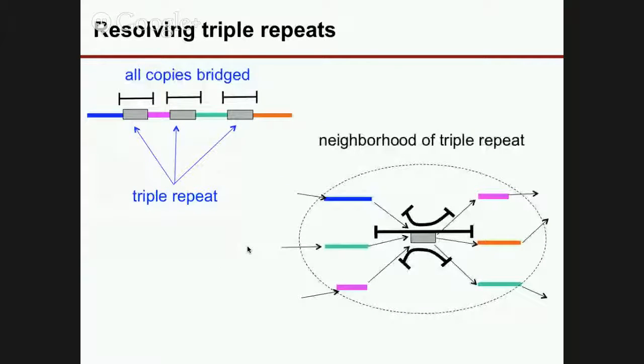But here I need to bridge all 3 copies. So therefore, I'm not meeting the lower bound. In fact, I'm requiring a stronger condition than the necessary condition. If I had only a condition which uses 1 of the 3 copies, then I meet the lower bound, and I'm tight, and I can call myself a success.